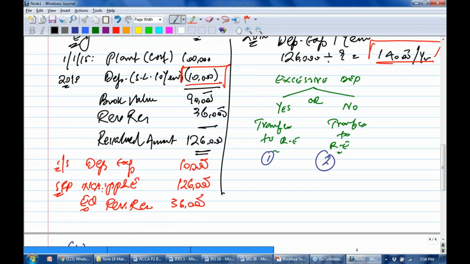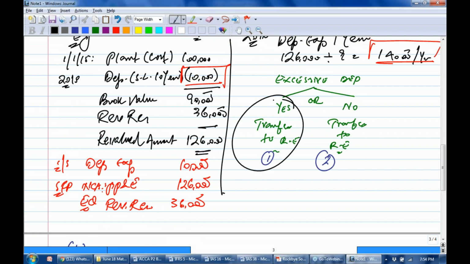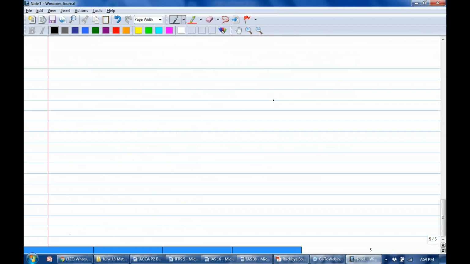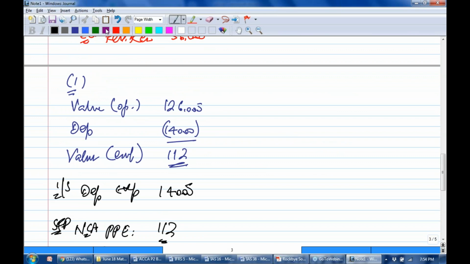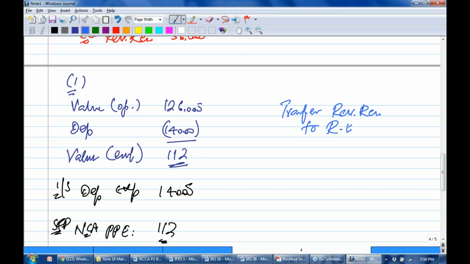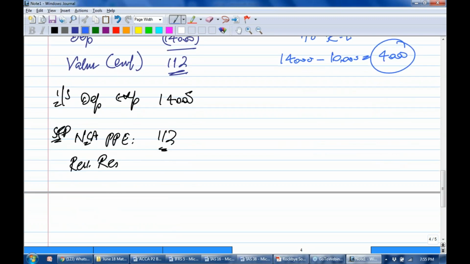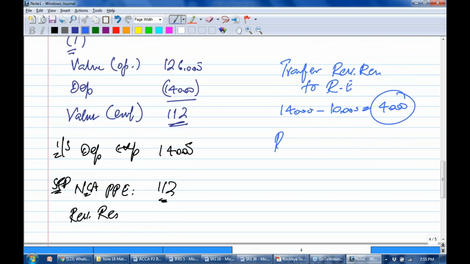the company has a policy to transfer it. So that means one aspect is to transfer revaluation reserve to retained earnings. Normally 14 depreciation, the excessive depreciation is 4,000. So we have made a transaction: revaluation reserve debit and retained earnings credit, 4,000.